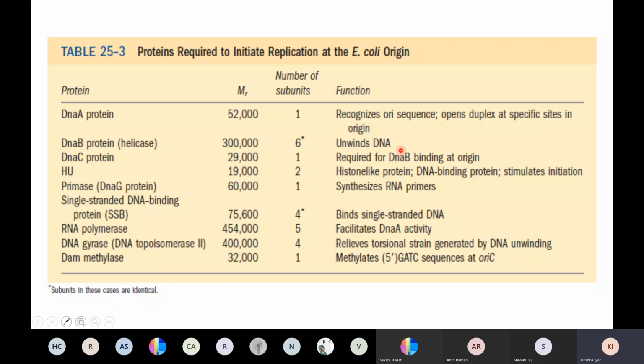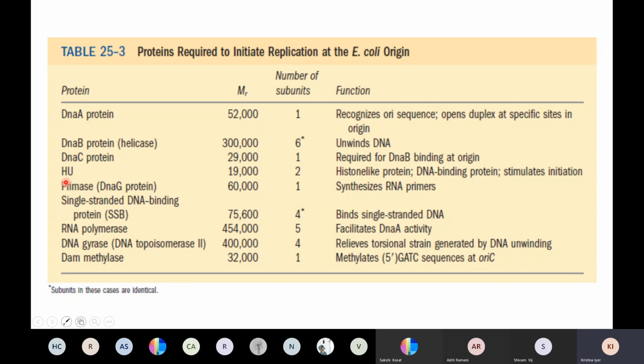The reason you need to unwind DNA, remember, is that DNA replication is semi-conservative. So the original strands open up, and then each is used as a template to make a complementary DNA. Then there is a DnaC protein which helps the binding of DnaB protein. It is required for DnaB binding at the origin.